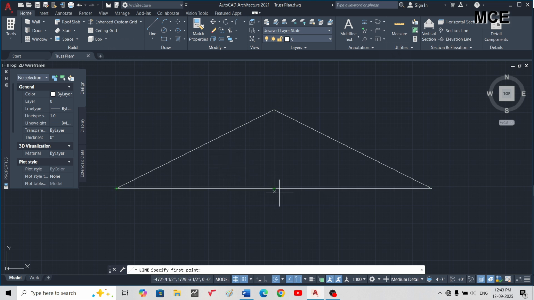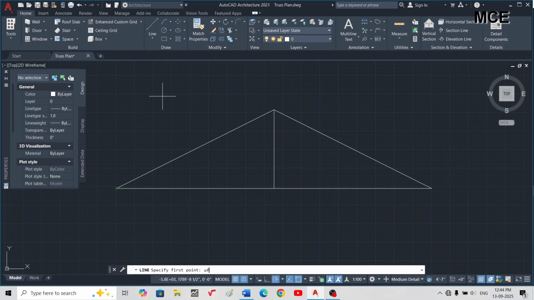The gaps between these verticals should be between 4 to 5 feet. My gap is 4 feet 3 inch, so it's appropriate. You can take less spacing if the loading is more. Here I am taking 4 feet 3 inch.